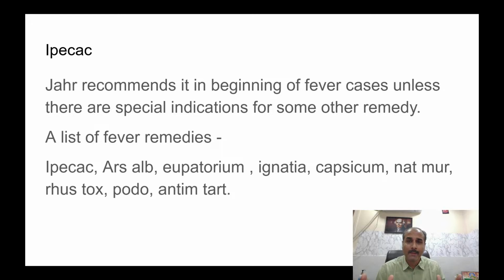There are different apps, there are different contents of the book mentioned. The original book is completely lost by all the applications. I would not recommend it. Go for the physical copy, read the physical copy. You will understand how Dr. Nash has described Ipecac as a remedy to be prescribed in fevers.